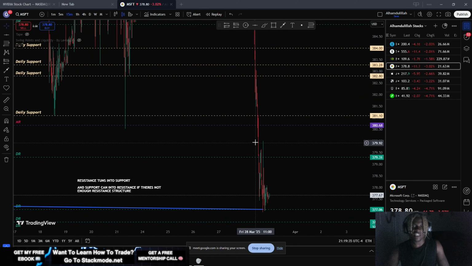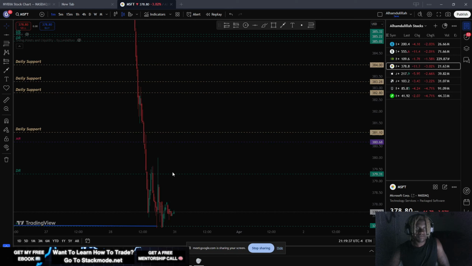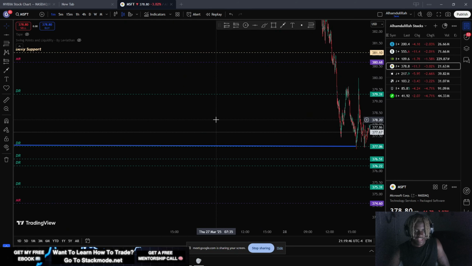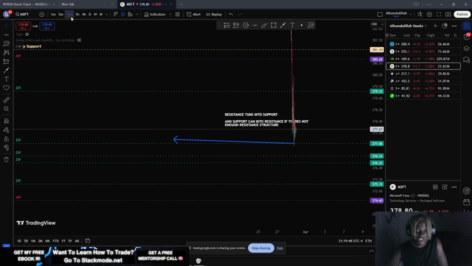And we can see up here that support did turn into resistance at the daily support. Same thing right here. So we know that resistance can turn into support and support can turn into resistance.